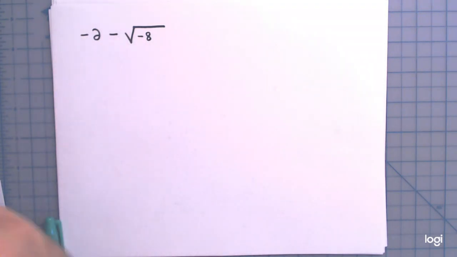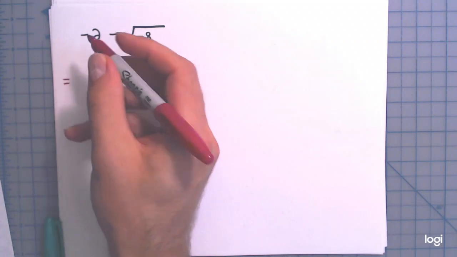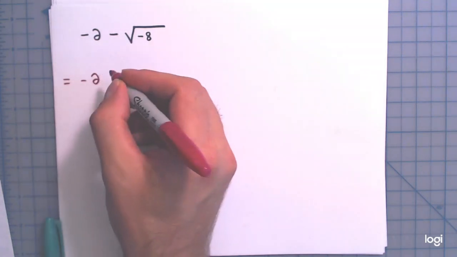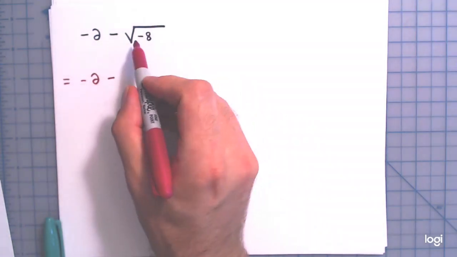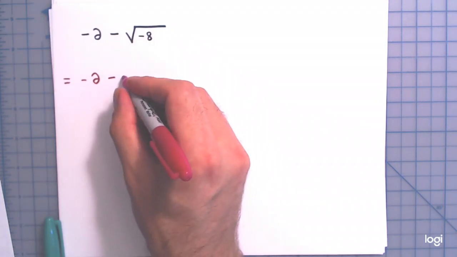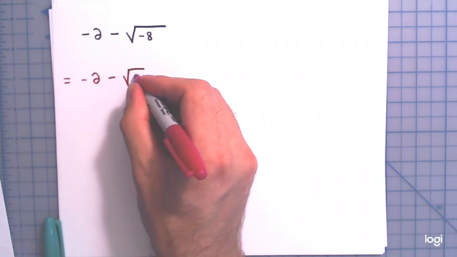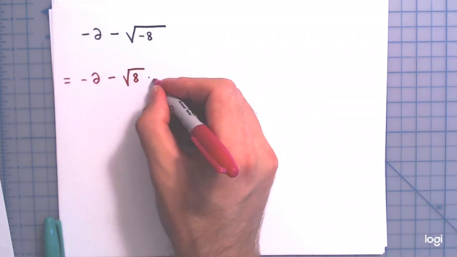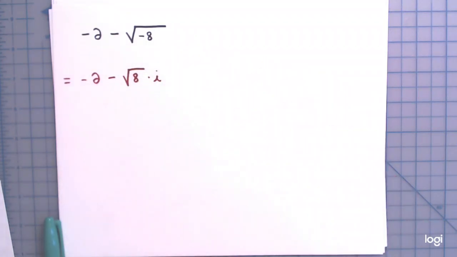So this is equal to negative 2, I'm not doing anything with that yet, minus, and then the square root of negative 8 as a pure imaginary would be the square root of positive 8 times the imaginary unit i, the square root of negative 1.